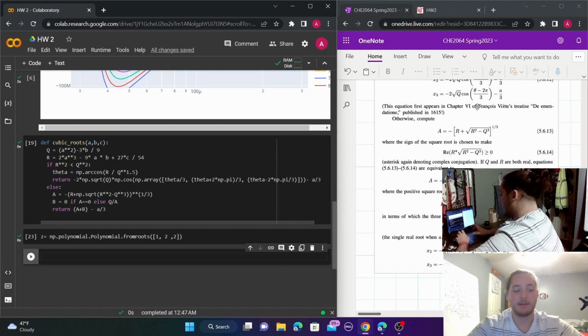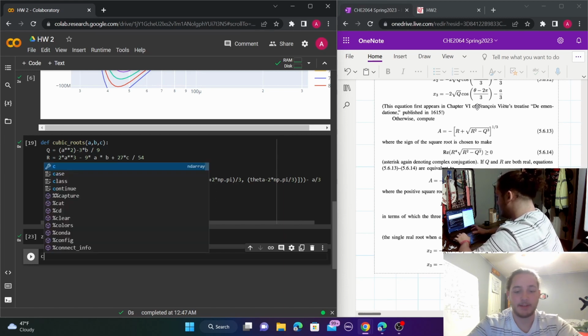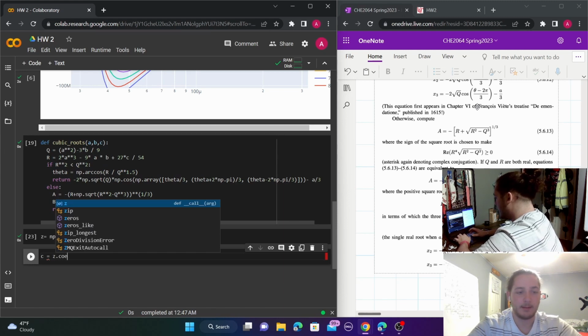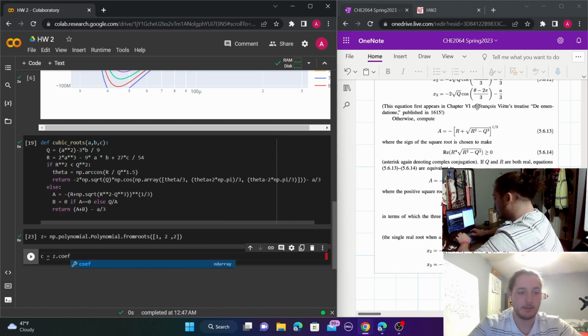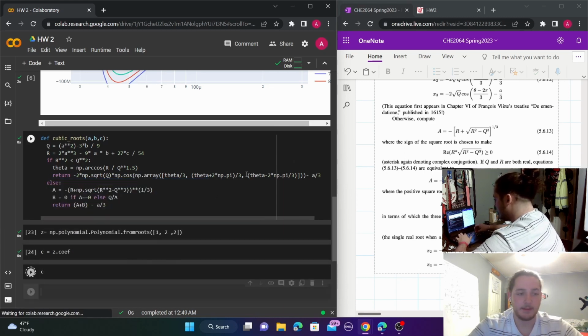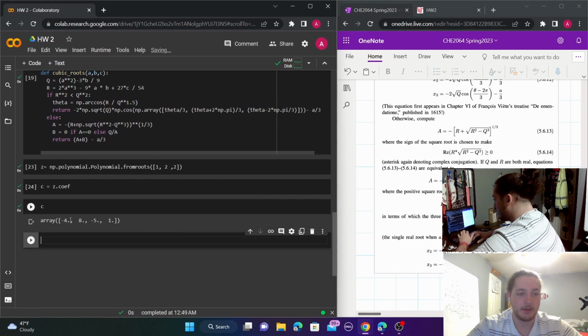So we can just name this c is equal to z dot coef. And then we can go Shift Enter, and we can go ahead and see what our coefficients are of the above polynomial that we created.